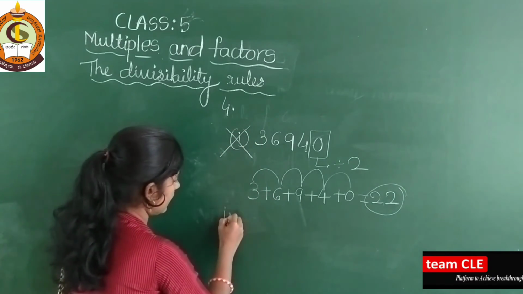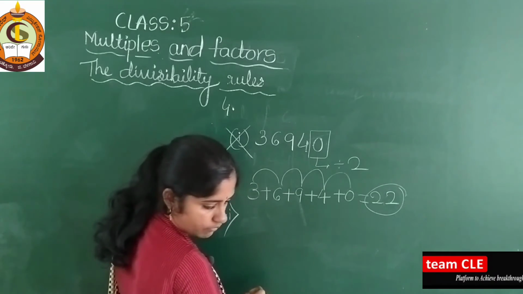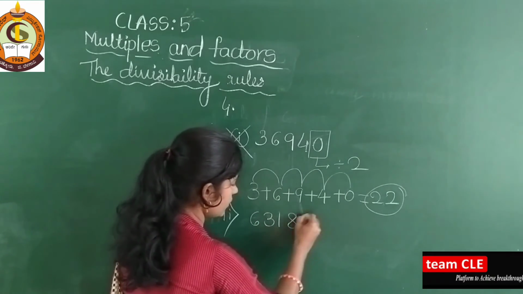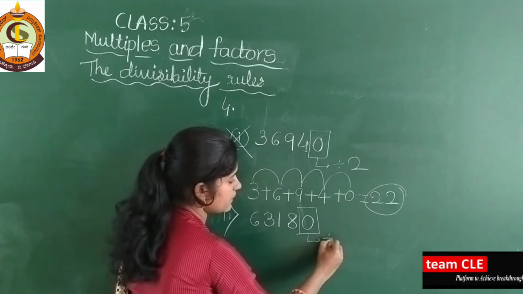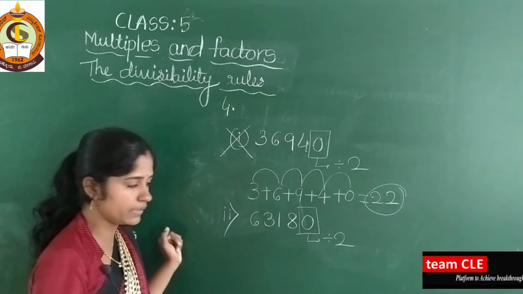Okay, next the second one is 63180. See here, in the ones place 0 is there, so the number is divisible by 2. Then check whether this number is divisible by 3 or not.